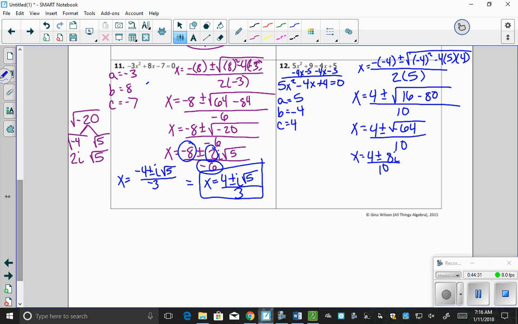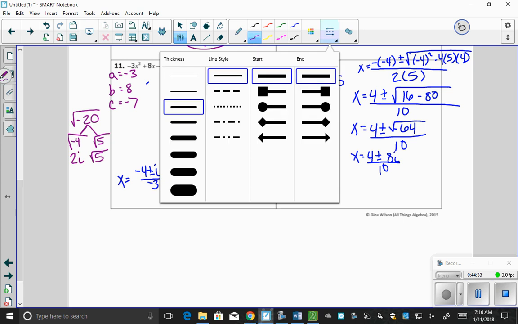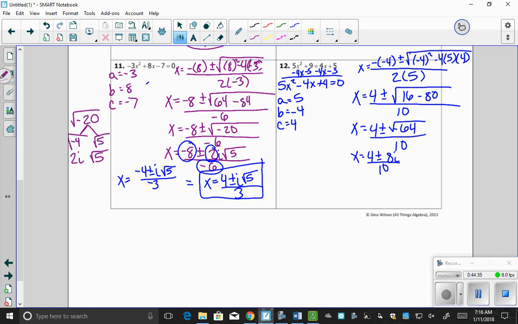Here again, you have numbers that can simplify. You have 4, 8, and 10. A number that will go into 4, 8, and 10 is 2. So you're left with 4 divided by 2 is 2. Plus or minus 8 divided by 2 is 4. i over 10 divided by 2 is 5.